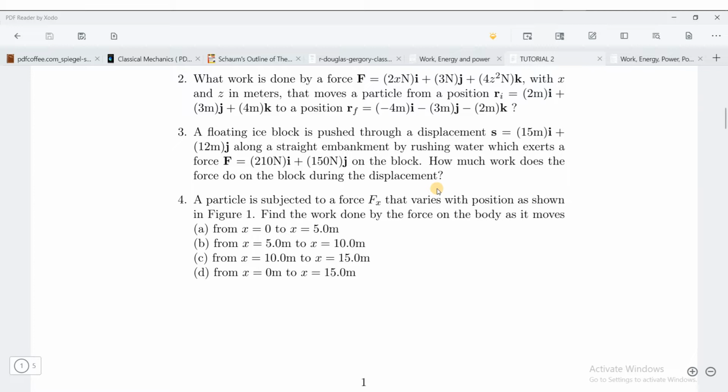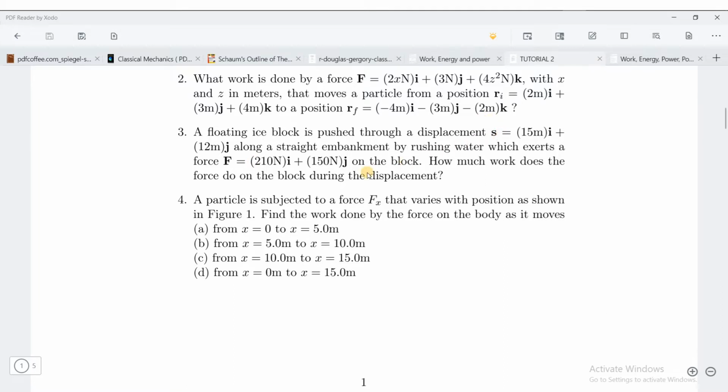Alright, for this kind of problem where I have a force being pushed through a displacement, and what you've been given is just the displacement vector and the force vector, all you have to do is take the dot product of force and displacement.